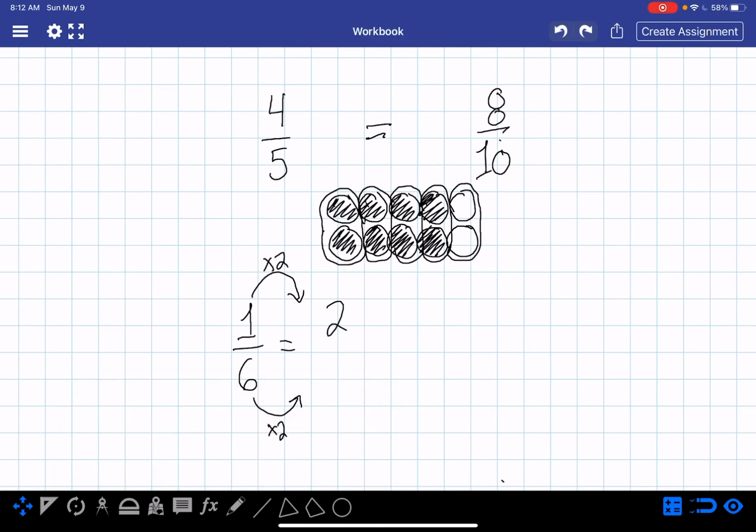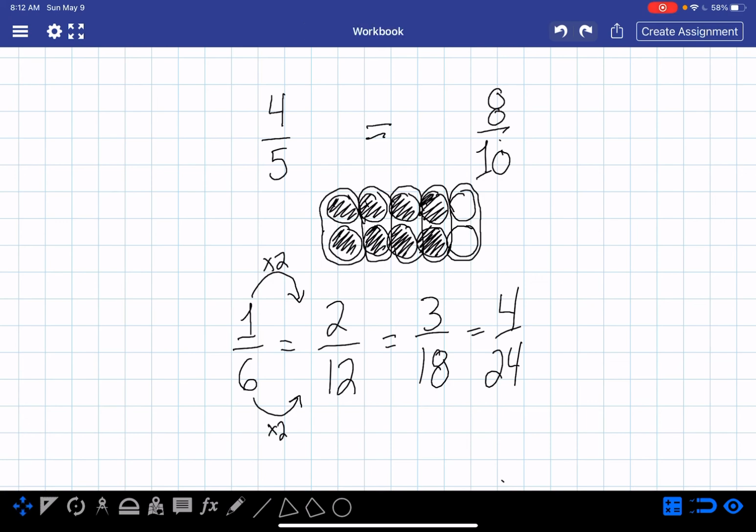So then, there we go, try that again. And then 6 times 2 is 12. Then I could even multiply it by 3, right? I can multiply each bottom and top number by 4, okay? It doesn't matter what I multiply it by, but every time I multiply, I'm creating equivalent fractions. Fractions can be renamed in an infinite number of ways, okay?